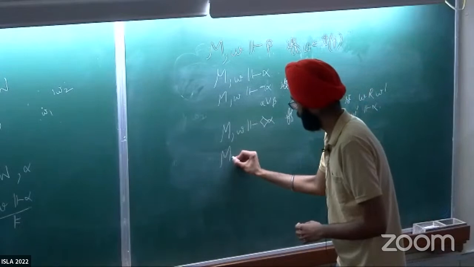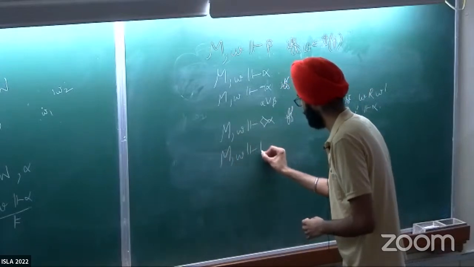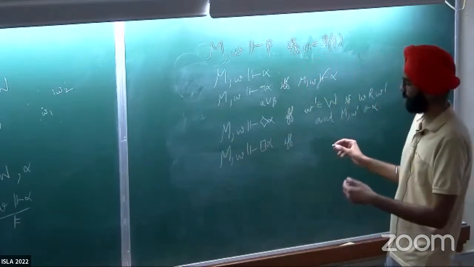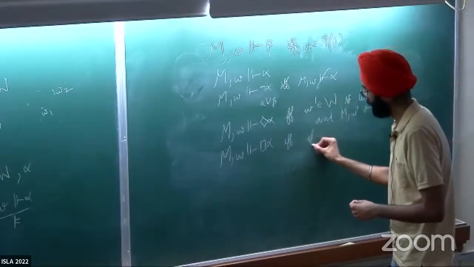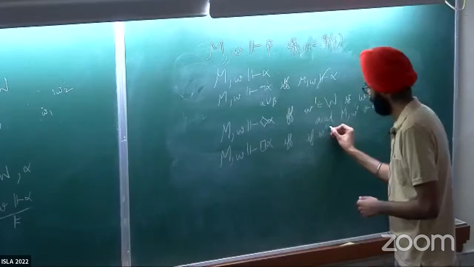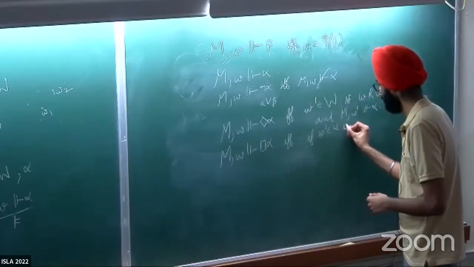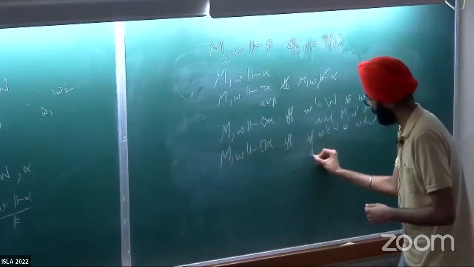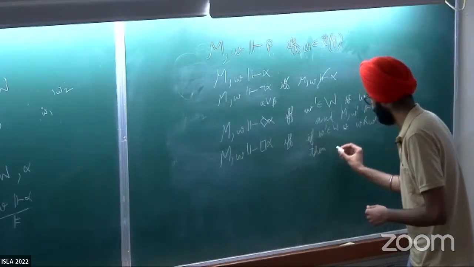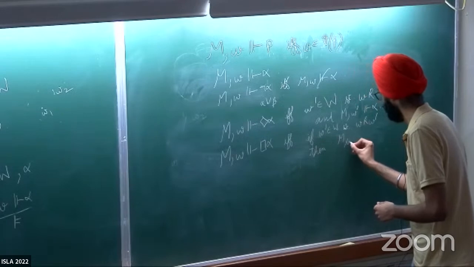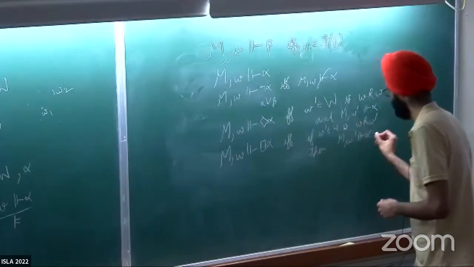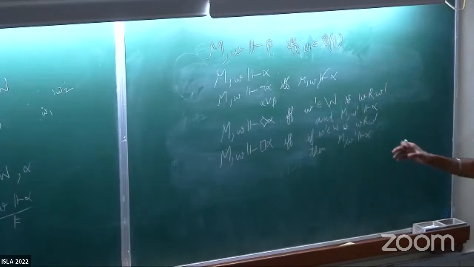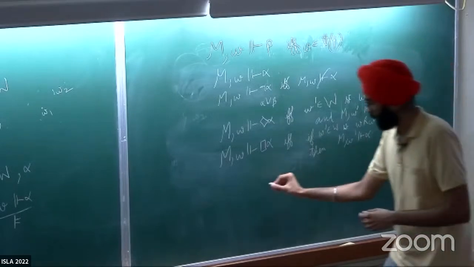Similarly for box alpha, if and only if, here it is a little different. For every W dash belonging to W such that W is related to W dash, at W dash alpha should be true. Now here we can see that a vacuous argument can also come in.